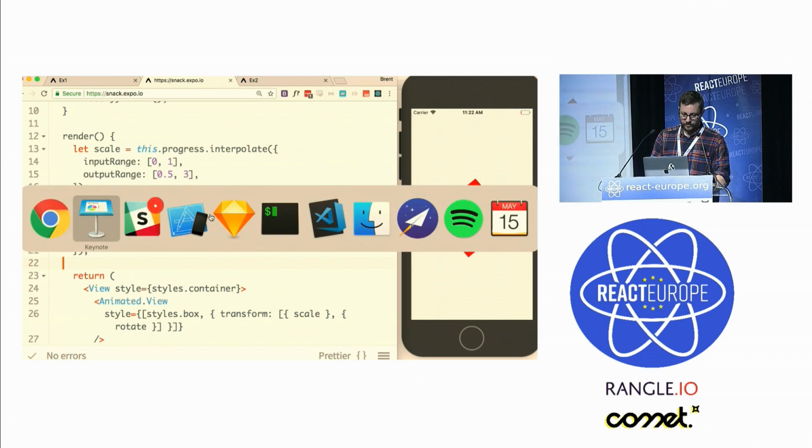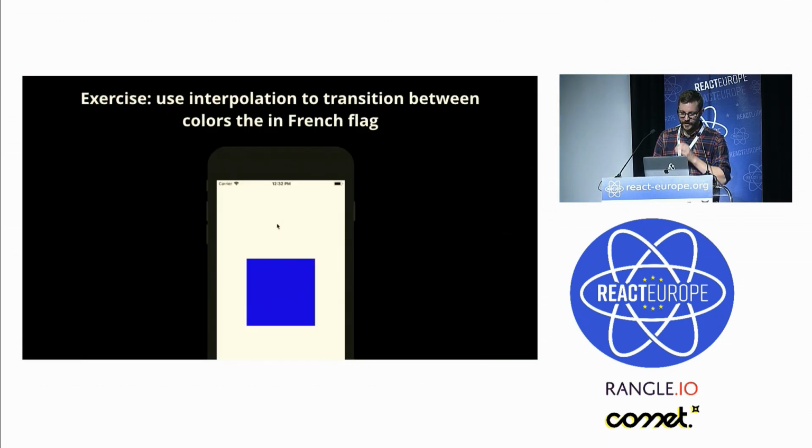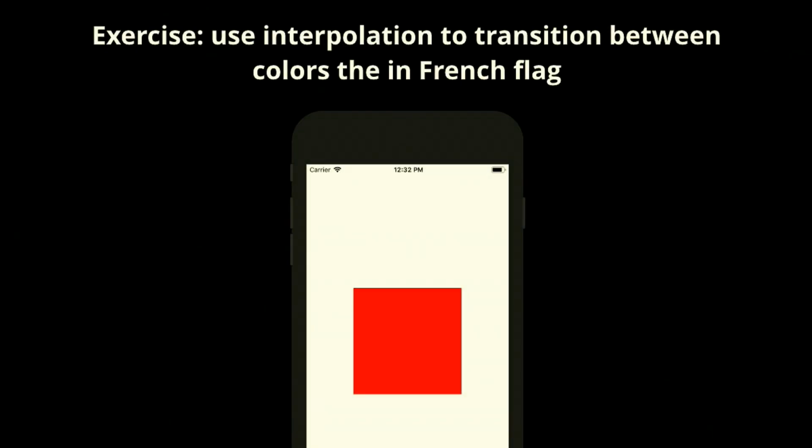So we're going to do another exercise now where we interpolate over colors. Here I'm just going to change the color from blue to white to red. And you'll notice there's a slight twist here in that so far we've just used an output range of 2 different values, but you can have as many values as you want there.